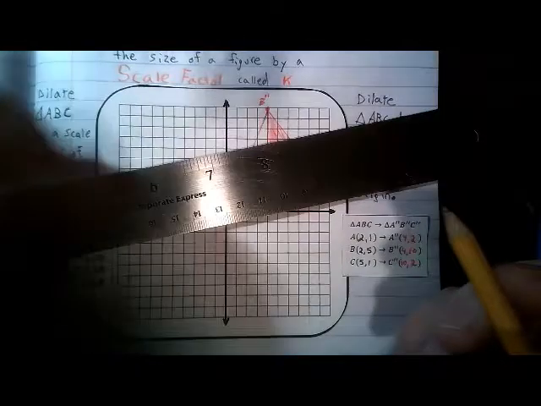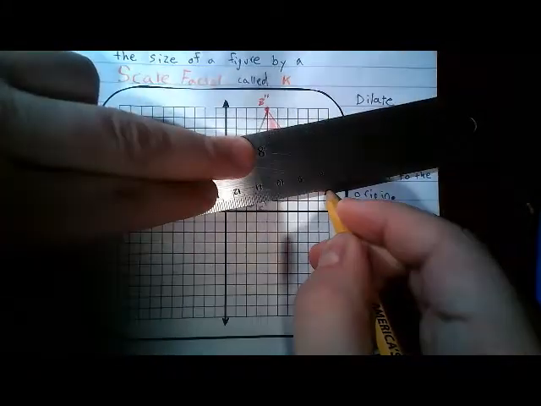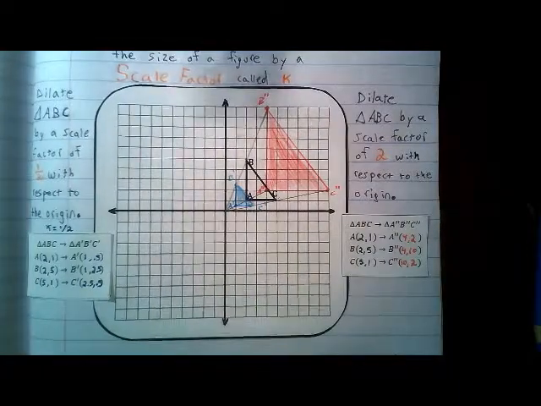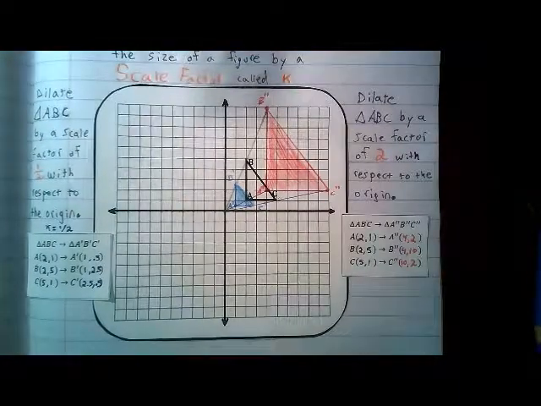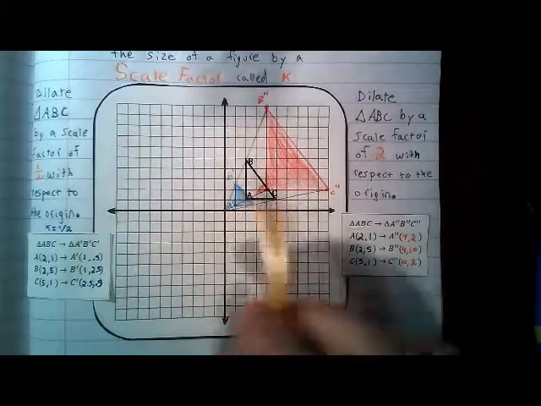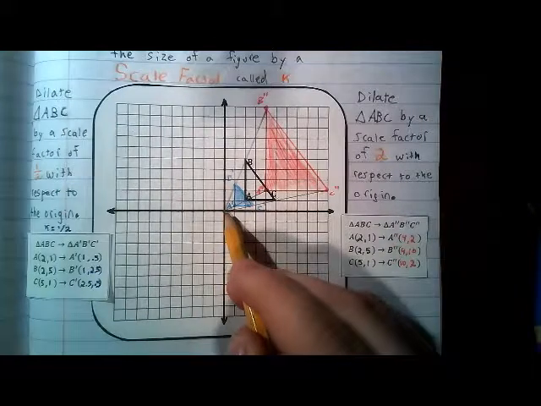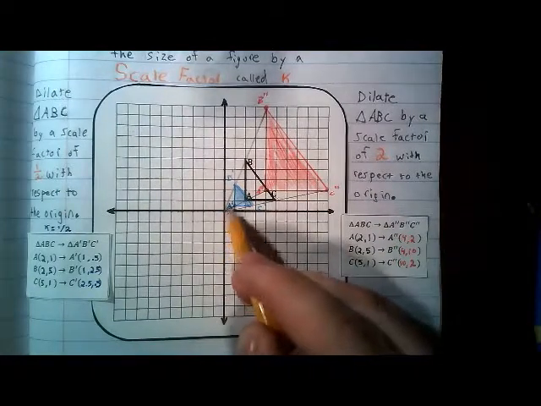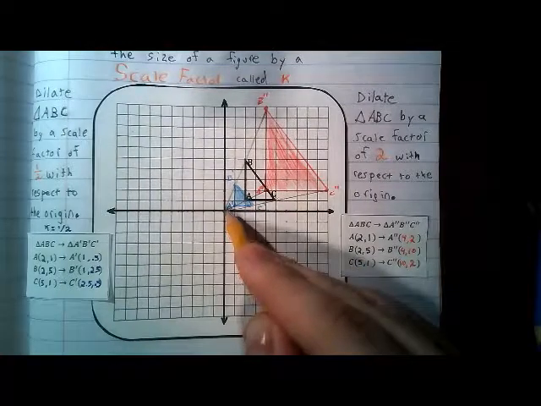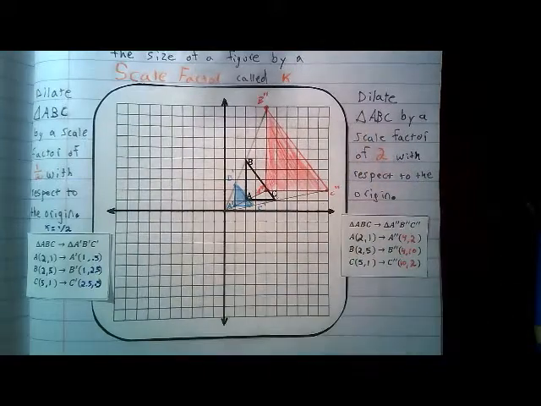Same thing for C. A line through C's, also through the origin. So with respect to the origin, everything is kind of starting from here and either going out or coming in. Kind of think of it like the singularity of a black hole. Things either pull towards it and reduce, or they blow away and get enlarged. That's how I think of it.